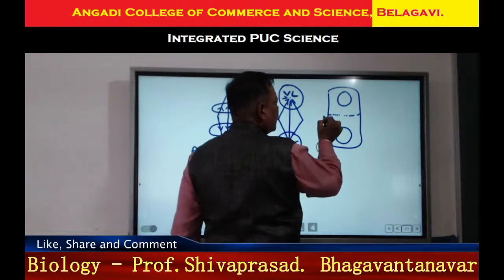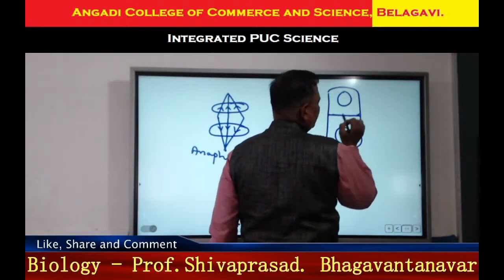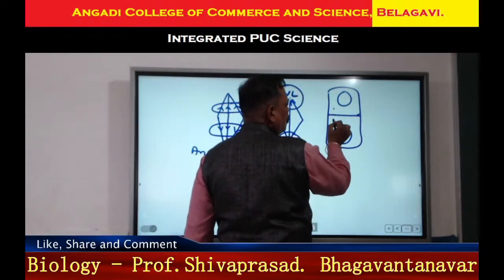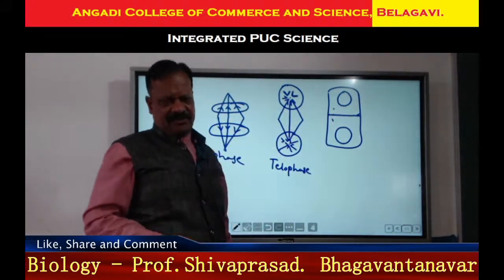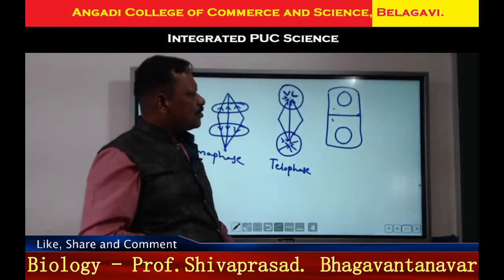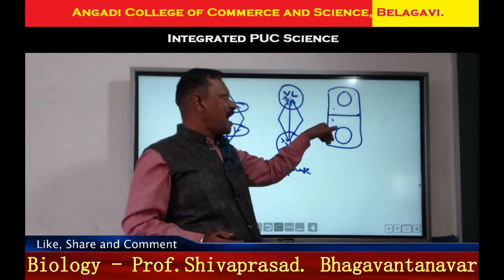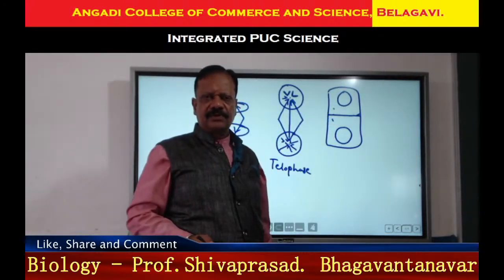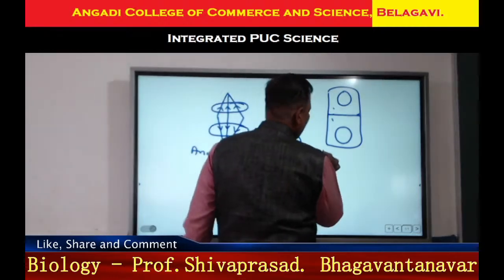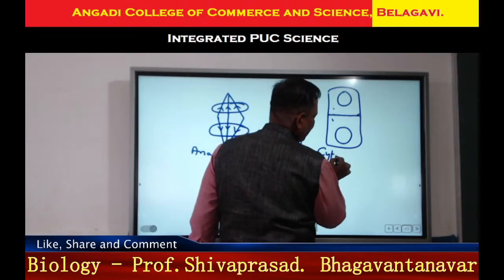And so, the continuous plate is formed, so as a result, the cytoplasm breaks. Half of the cytoplasm comes towards the lower side and half goes to the upper side. This process, you are calling it as cytokinesis.